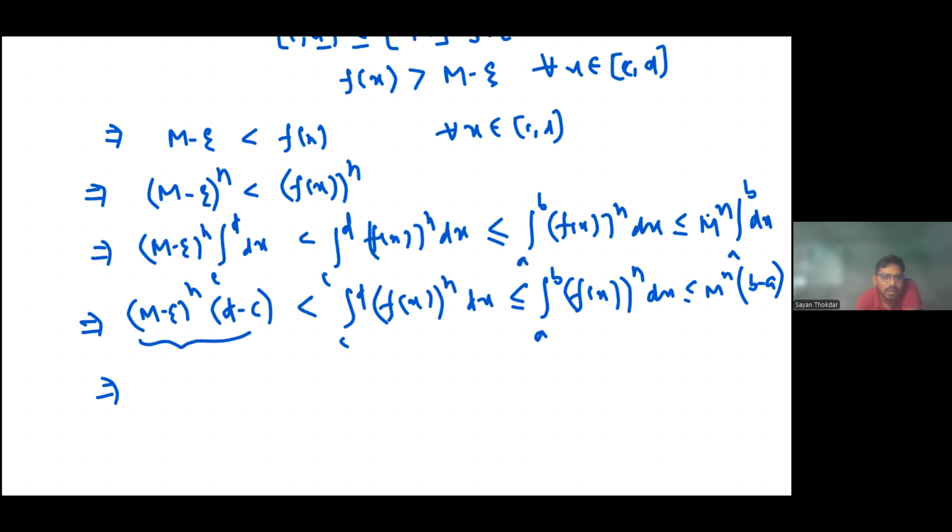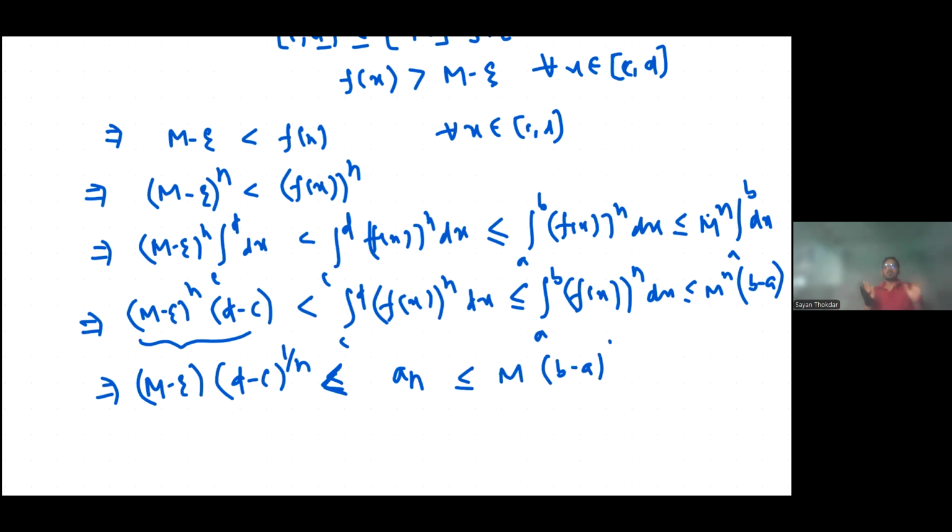Now that is (M minus epsilon) times (d minus c) to the power 1 by n, and we ignore the middle part because we are considering this part only, and this is less than or equal to M times (b minus a) to the power 1 by n.